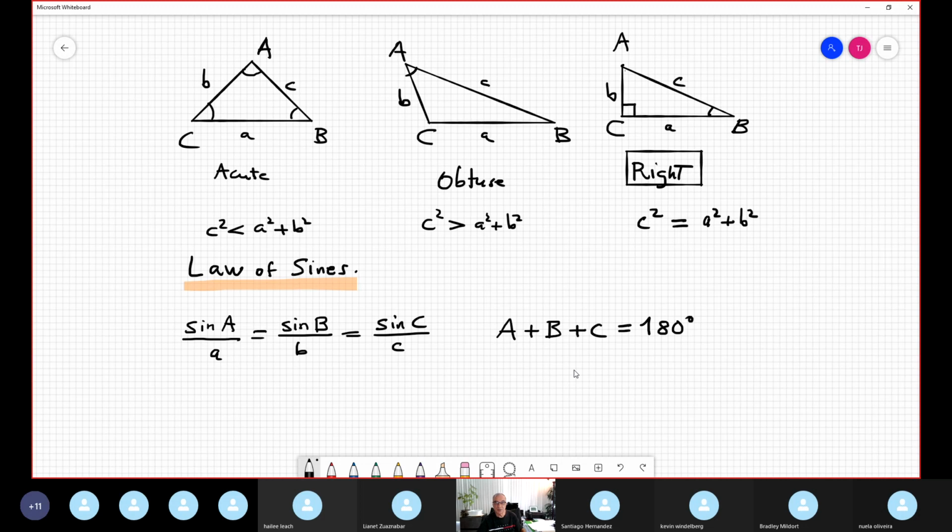And in a right triangle, C is 90 degrees, so A and B are always complementary. That is the reason that trigonometry in a right triangle is super easy. In acute and obtuse, no, it's complicated. It's the problem we're doing today. Okay, this is the law of sine.